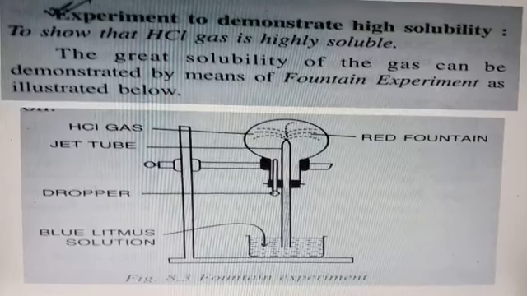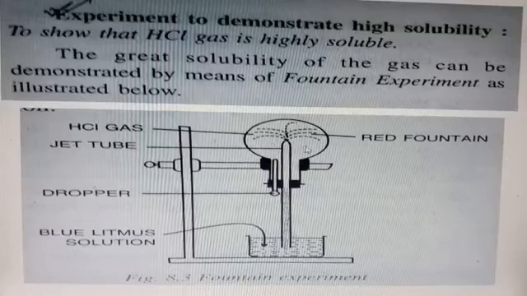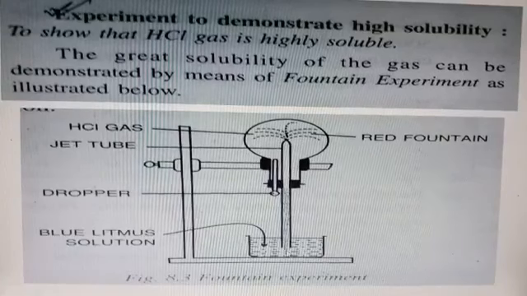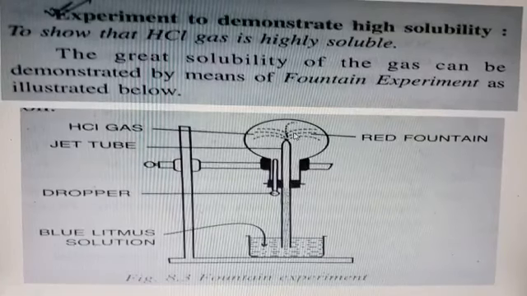So a lot of empty space will be created here. As a result, the pressure balance is disturbed. This will now become the lower pressure, and this is at the higher pressure. So water moves from higher pressure to lower pressure.